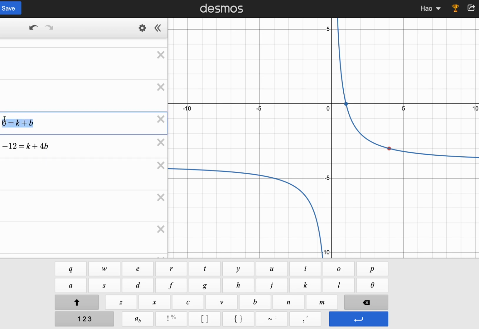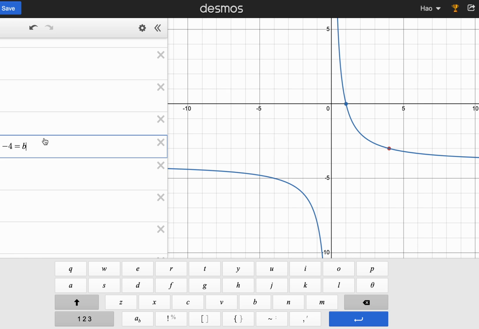Then we subtract the first equation from the second equation, and you can get -12 equals 3b, and therefore b is -4.